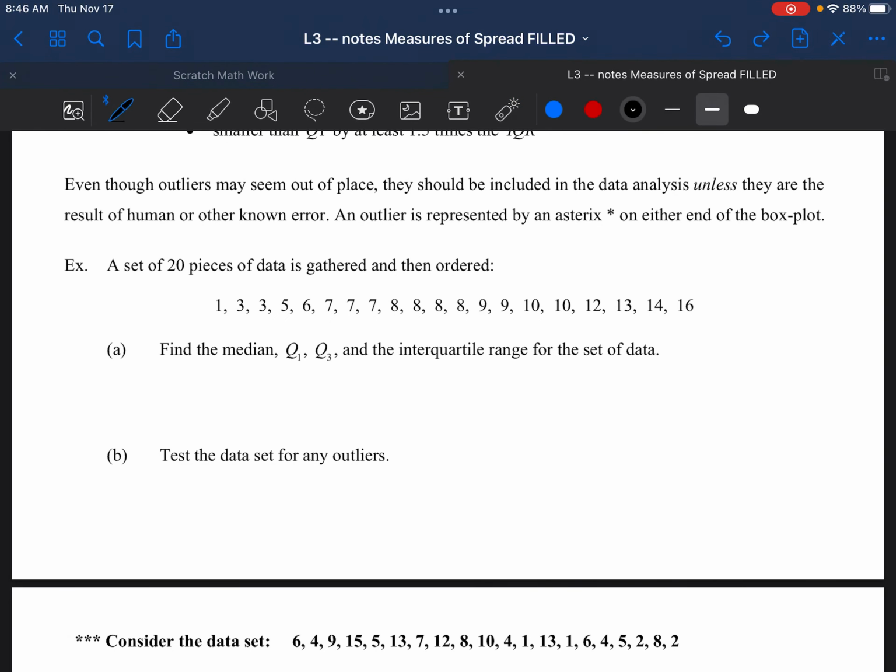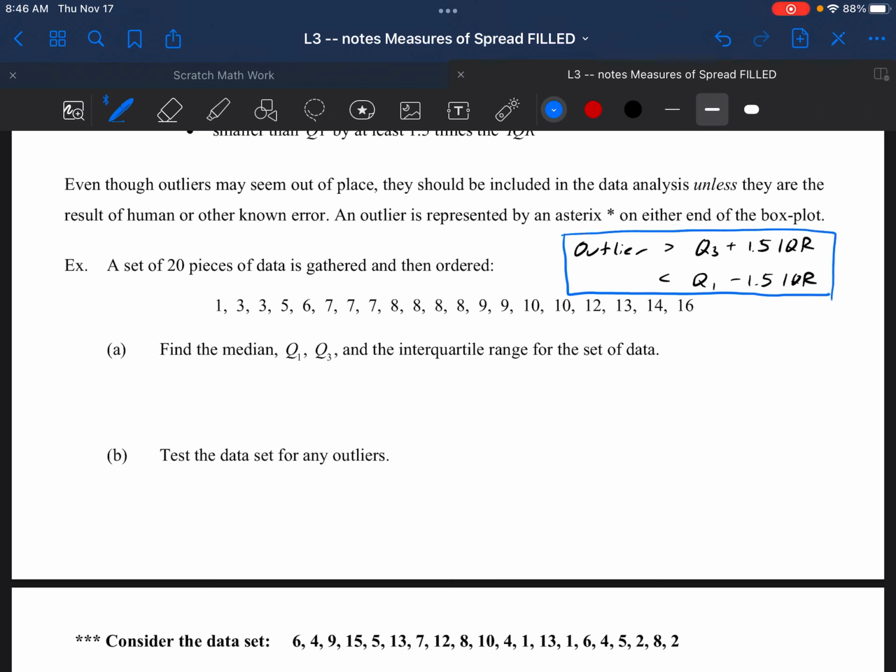We can say an outlier is either greater than Q3 plus 1.5 IQR, or it's less than Q1 minus 1.5 times the IQR. Okay, so that's how you determine it, and you can compute these values and then just compare and see if you have any individual values that are beyond either of these.